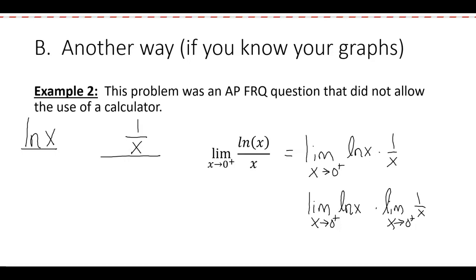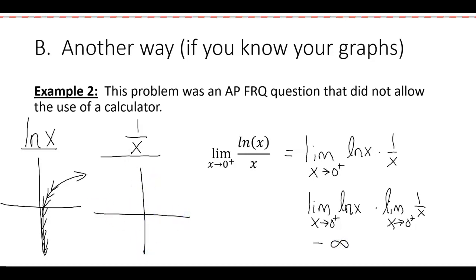So what does the graph of ln look like? Well, the graph of ln looks like this. So if you didn't know that, then you wouldn't be able to answer this question. But that's what ln looks like. Now, if I'm approaching 0 from the right side, it looks like we're getting to negative infinity. So this one's negative infinity. What about 1 over x? 1 over x is another odd-looking function.